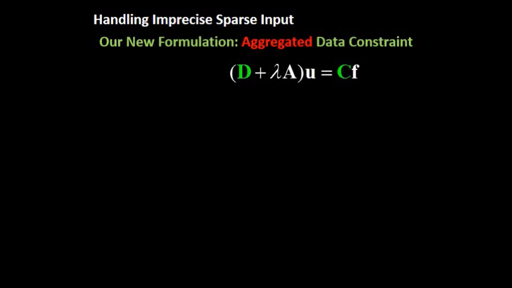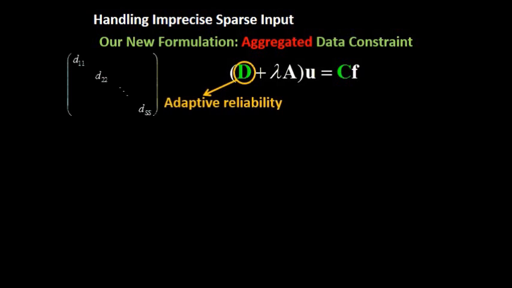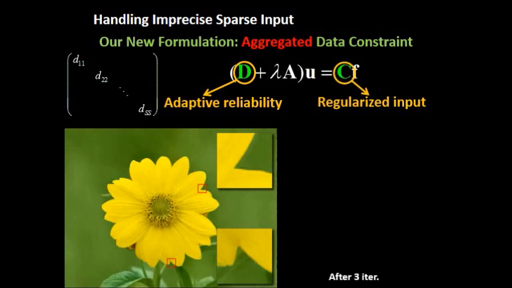The new data constraint gathers neighboring input data and thereby determines how reliable the input data is. It can be expressed in a matrix form as shown here. This good quality is achieved by using the two soft terms D and CF defined in a spatially varying way. Achieving a much better quality and robustness for the imprecise user edit scenario, our extended optimization formulation can also be efficiently solved largely in the same way as the basic version, so the computational efficiency is not compromised.